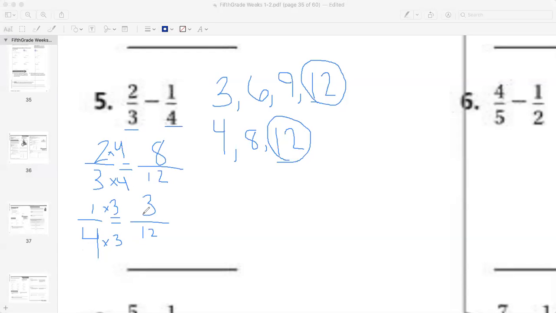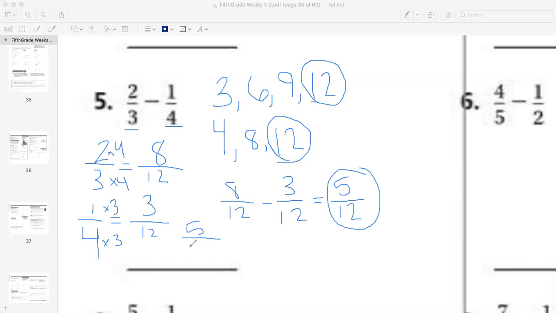Now I need to set these up in the correct order. So 2/3 was first, so that became 8/12. So I'm doing 8/12. And I am subtracting from that 3/12. And since my denominators are the same and I'm adding and subtracting, it gets to stay the same, so staying 12. And then 8 and taking 3 of those away would give me 5. So 5/12 would be your final answer here.